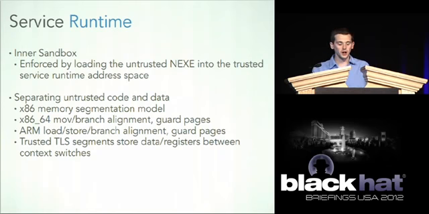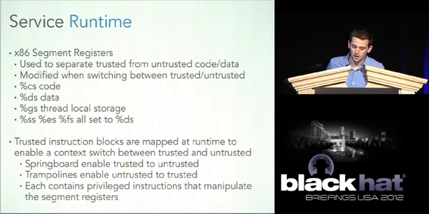And of course, when we transfer between untrusted and trusted code, we need to store state, right? We need to store register states, and those are all going to be stored in trusted TLS segments that are stored in this trusted service runtime memory. So on x86, we're going to use various different segment registers to keep untrusted code in check and keep it within a segment of memory that we know will never be processed by trusted code.